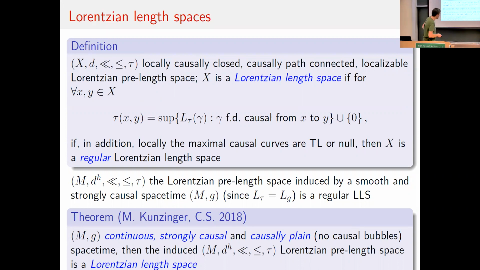Sorry? What the causal bubble is? Yes, I can show that again. So this is an example of a Hölder metric, and you have this. So here you have I plus of 0. And then here, actually, you can go null and then branch off at any time.